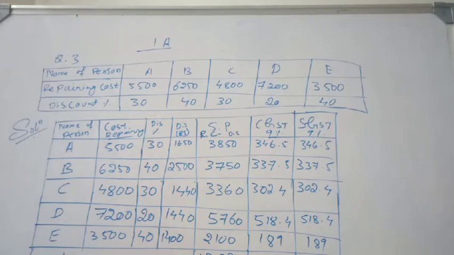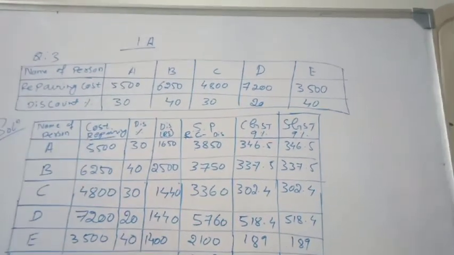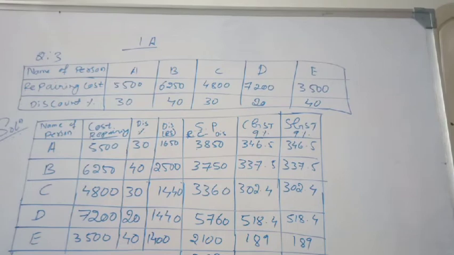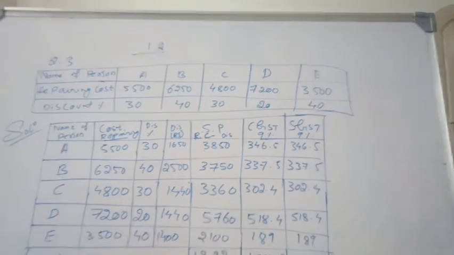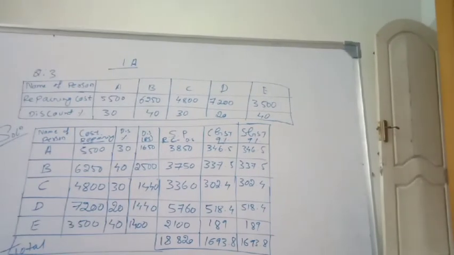The total of these three is the amount of the bill. See, the selling price total is 18,820. CGST is 1,693.80, then SGST also 1,693.80.